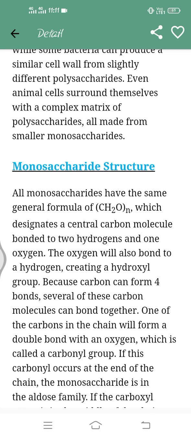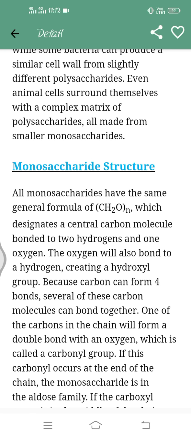Monosaccharides have the same general formula, CH2O, with a whole number, which designates the central carbon molecule bonded to hydrogen and one oxygen. The oxygen will bond to the carbon, creating a hydroxyl group.